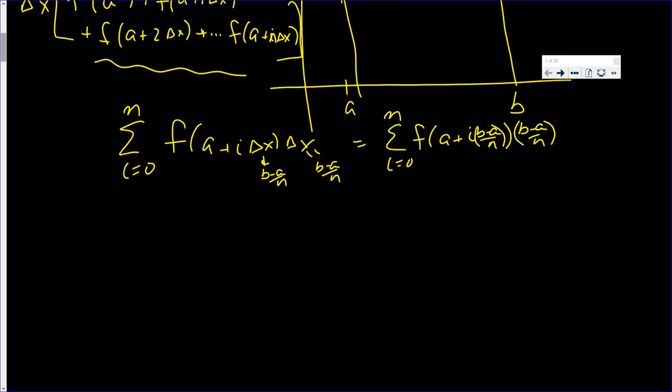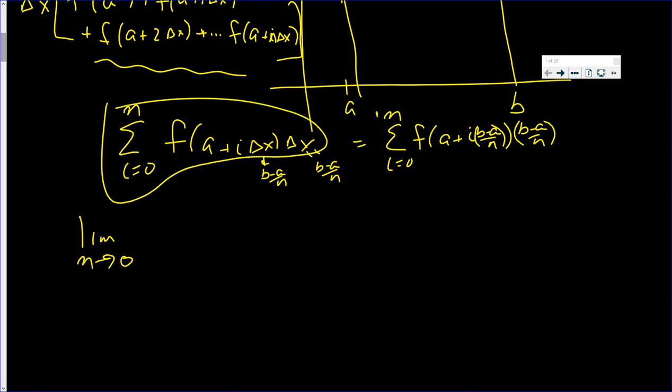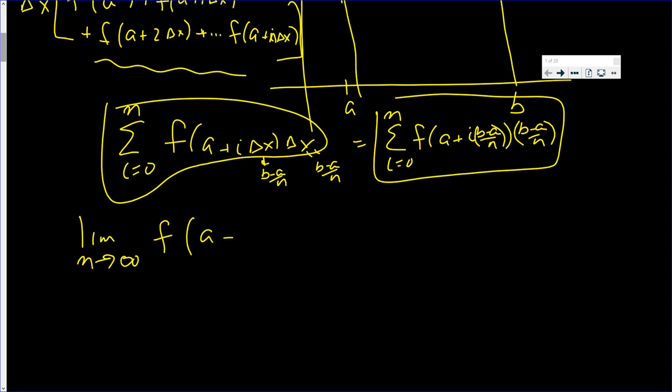And we're going to take the limit as n goes to infinity of either this function or that formula. They're both the same. So the limit as n goes to infinity of the summation of f of a plus i times b minus a over n, times delta x.